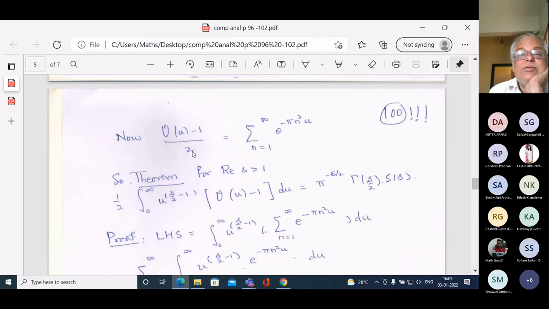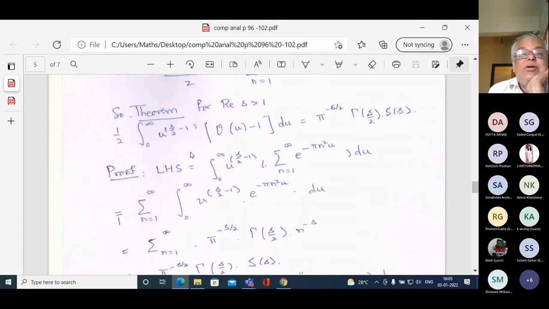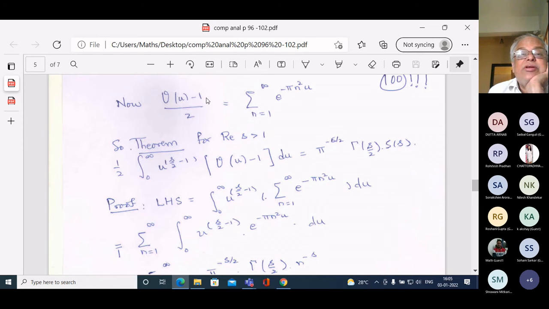Okay. So what is the theorem? The theorem is that theta u minus 1 divided by 2 into u to the s by 2 minus 1... But theta u minus 1 divided by 2 is the sum.